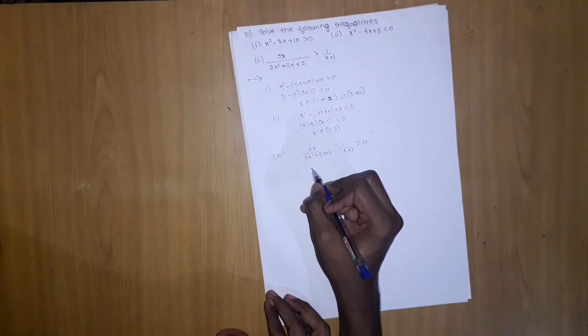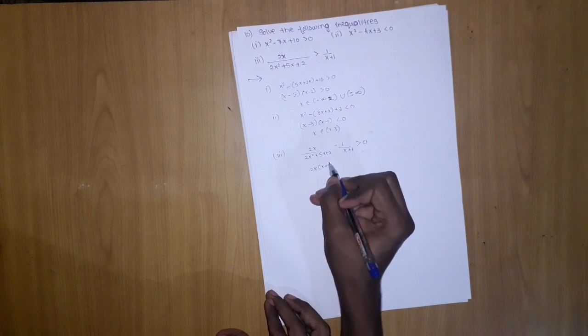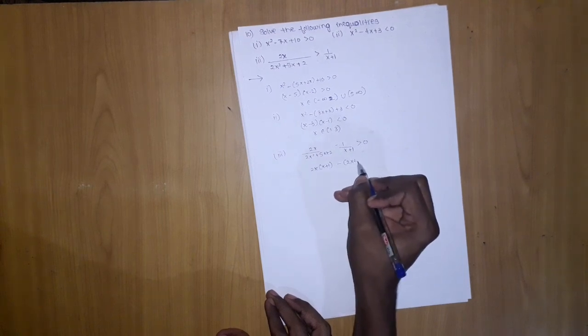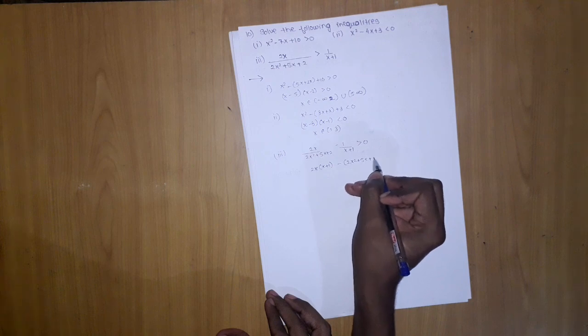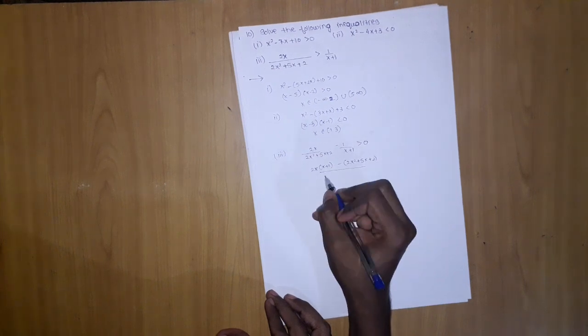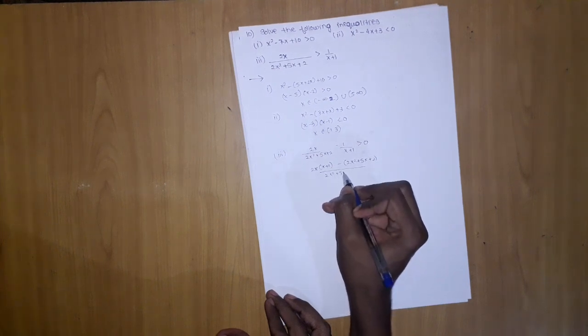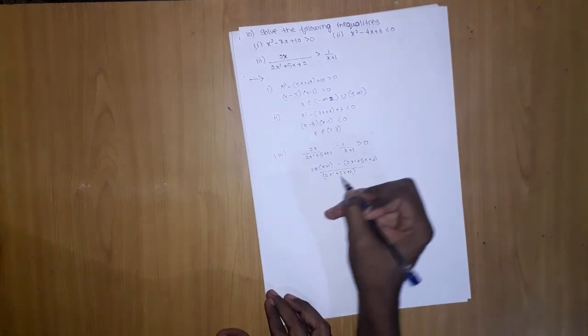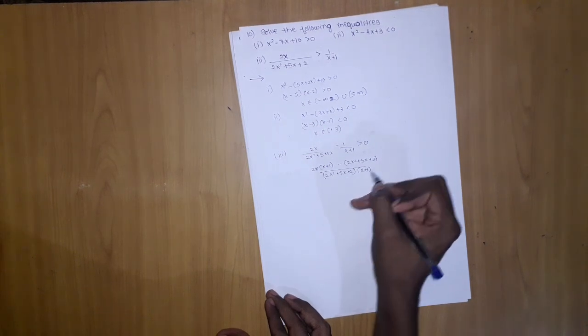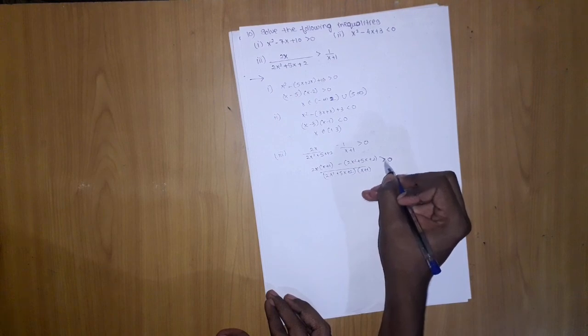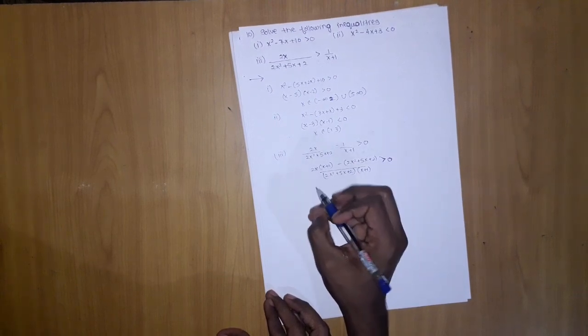If we multiply it by 2x square plus 5x plus 2 and x plus 1, greater than 0, what are we getting?